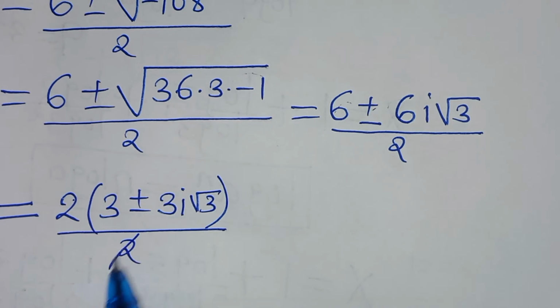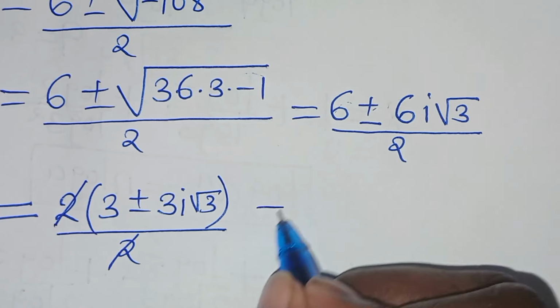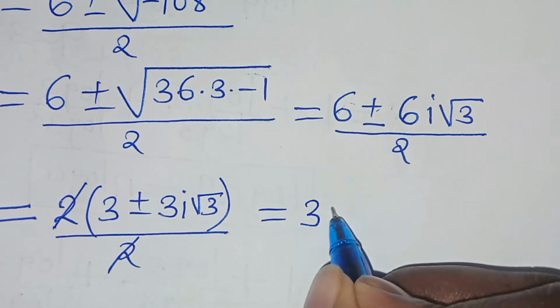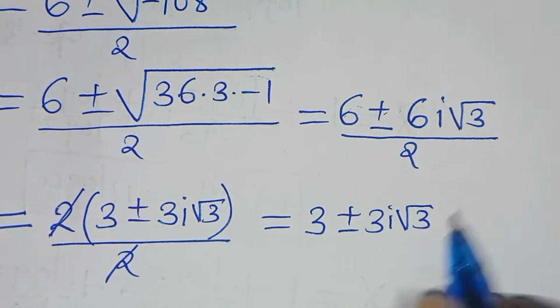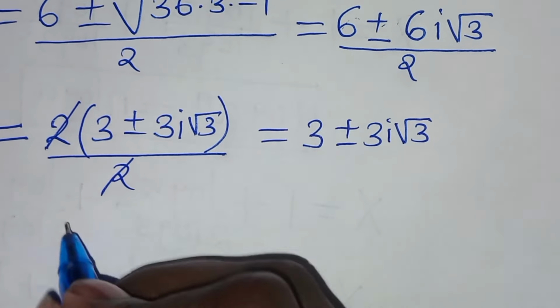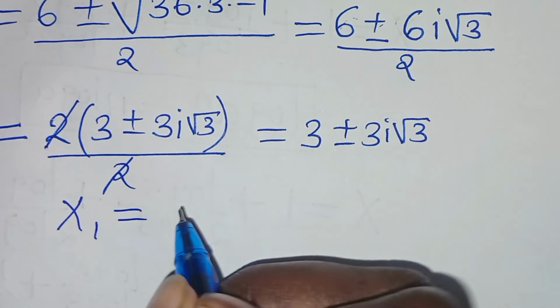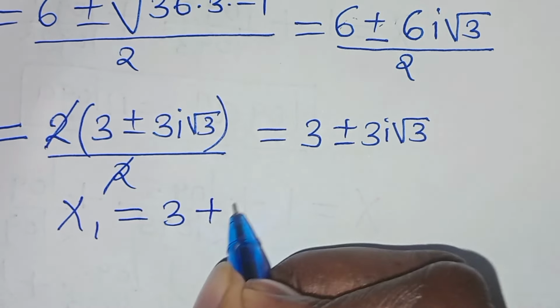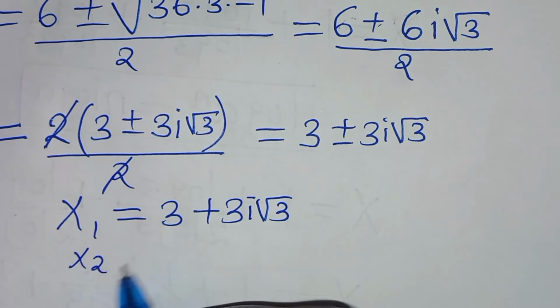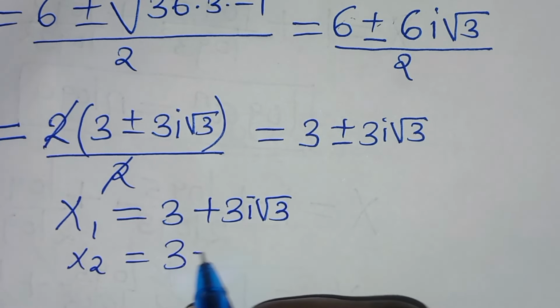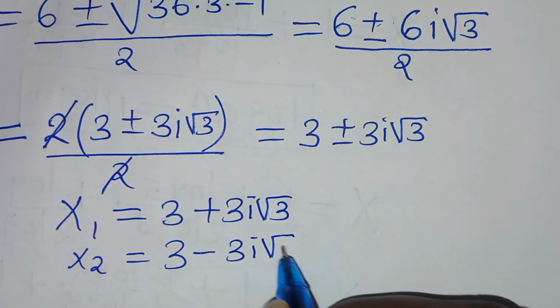Let's simplify 2 and 2 from here, so that now we have 3 plus or minus 3i square root of 3. So this implies that x1 is equal to 3 plus 3i square root of 3, and x2 is equal to 3 minus 3i square root of 3.